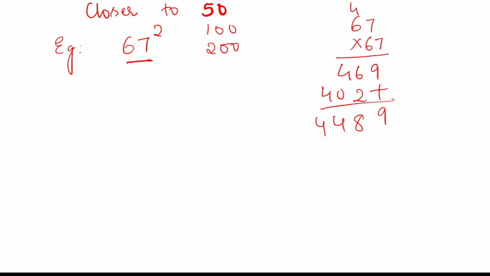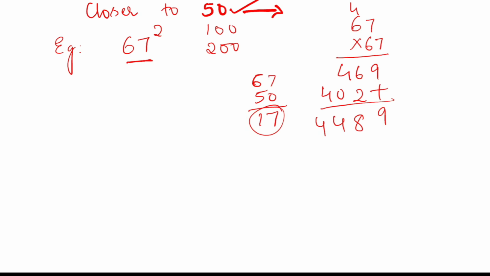Since 67 is closer to 50, we will use the short trick for finding squares of numbers closer to 50. Now 67 is how much more than 50? It is 17 more than 50, isn't it?